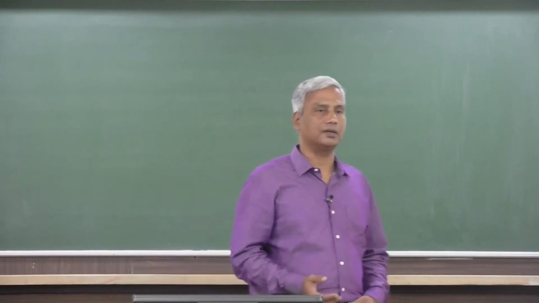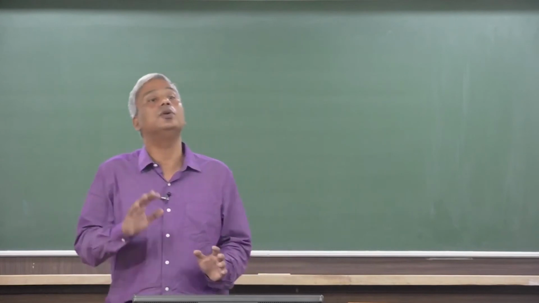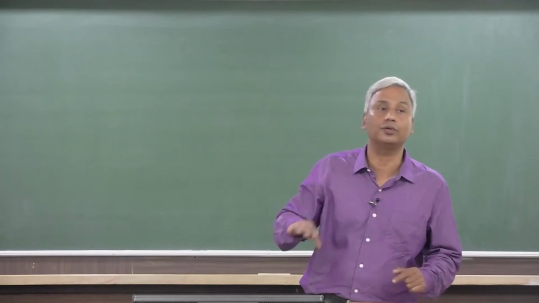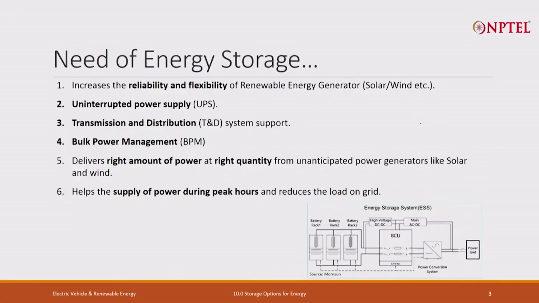During the peak hours, you can always use this stored energy, because you don't have to worry about the peak conditions. What you have to worry about is the average. So you are basically averaging out. If you have something like this, your demand is like this way.